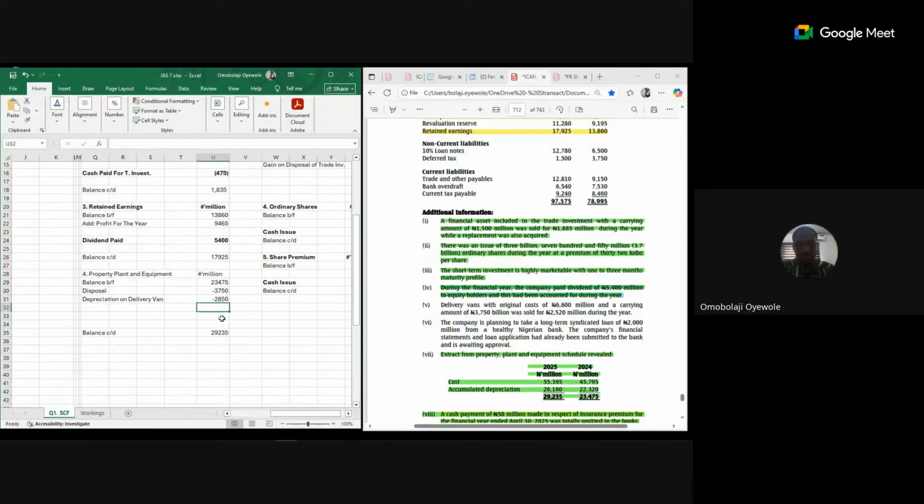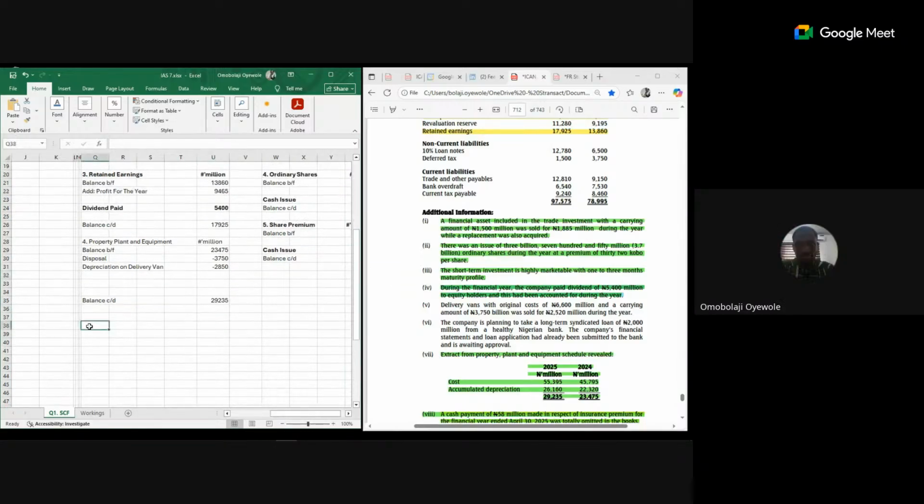So I'll come to this place and do another working. This is supposed to be 7, accumulated depreciation. The reason why I'm doing this accumulated depreciation is that we are giving the breakdown of the depreciation. So what's the opening balance?